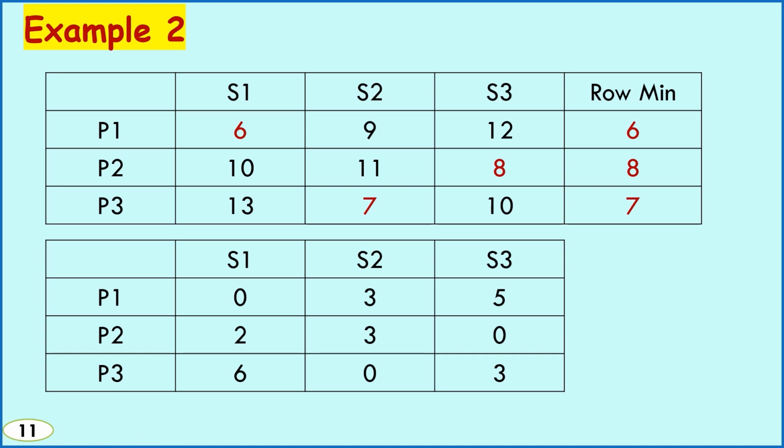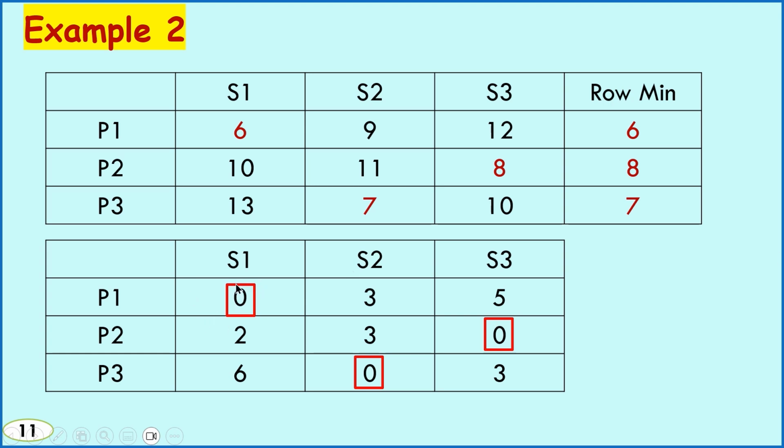Then you assign. How do we assign? Based on the zeros. If you assign the first 0, that means product 1 to supplier 1, product 2 to supplier 3, and product 3 to supplier 2. Then you go to the initial matrix and see what the values are at these positions.